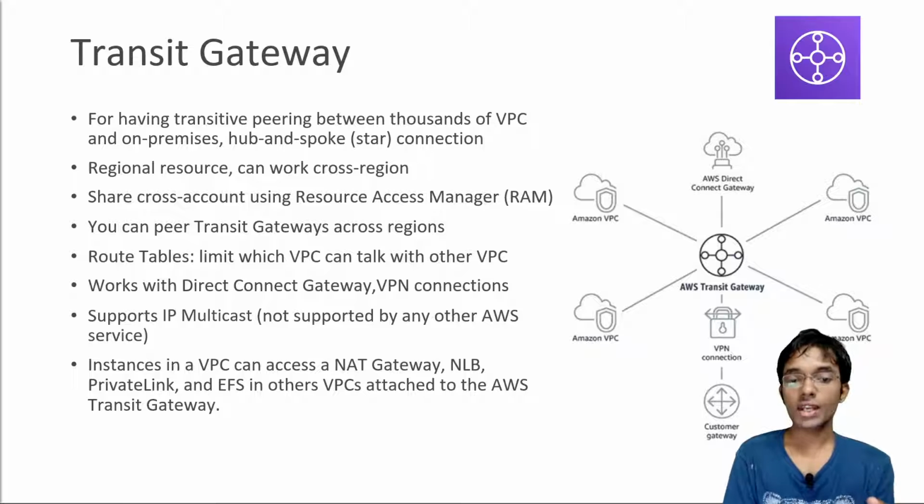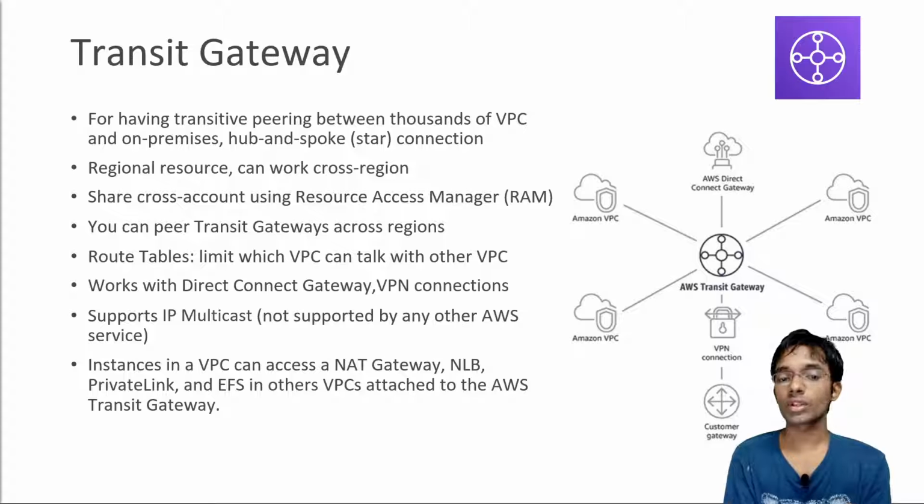The reason we introduce a transit gateway is that we want to have transitive peering between, I would say, thousands of VPCs, even on-premises centers, in a hub and spoke star connection. The hub and spoke star connection has been shown in this diagram. Why a star type of connection? You can look at the diagram, it looks like a star, and you can see my transit gateway can connect my many VPCs together.